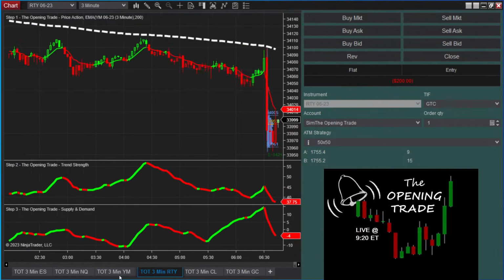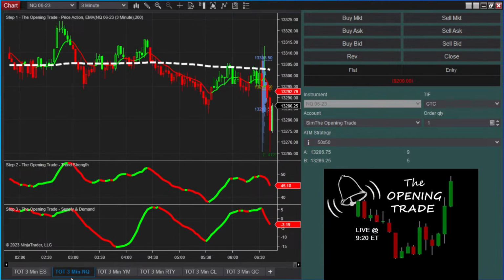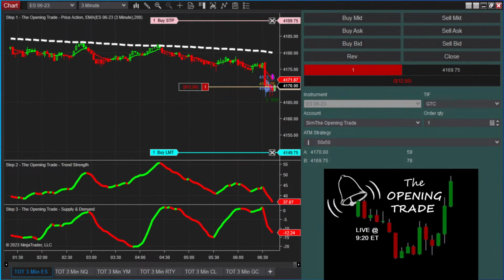So here's the Russell, the Dow, the Nasdaq, and here's the S&P 500, where we're in an automated trade at this time.